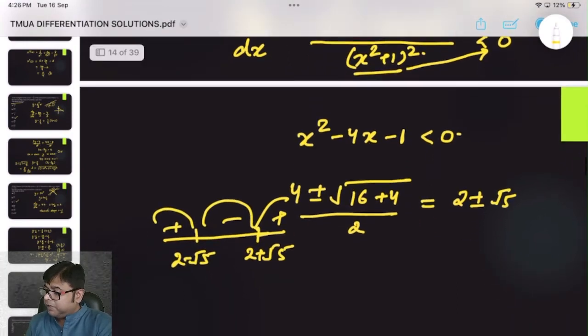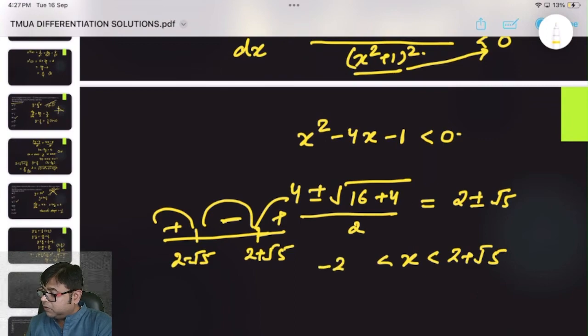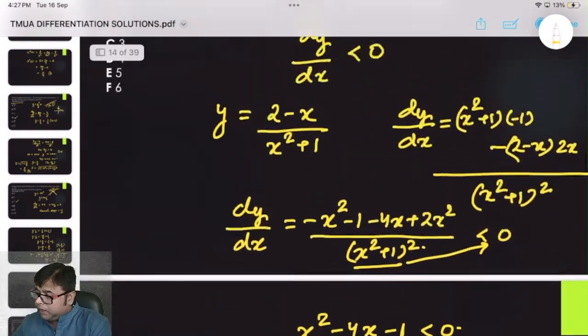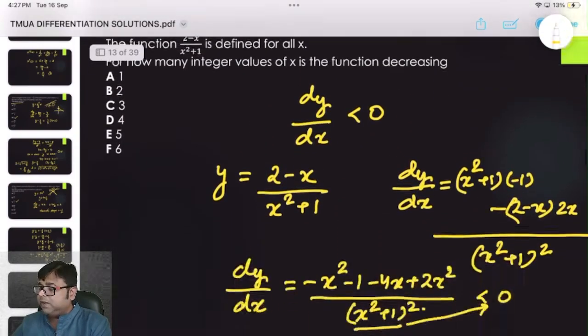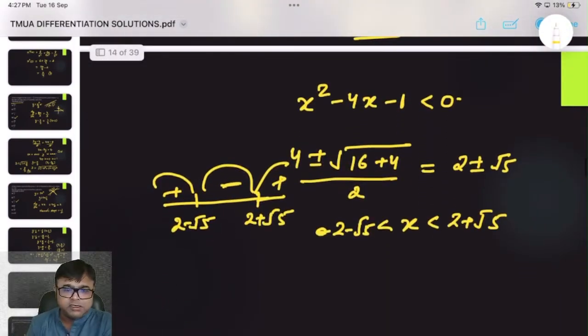So minus means negative, where it is decreasing. So x will lie between 2 minus root 5 and 2 plus root 5. Now they are asking how many integer values of x satisfy this, for which it is decreasing.